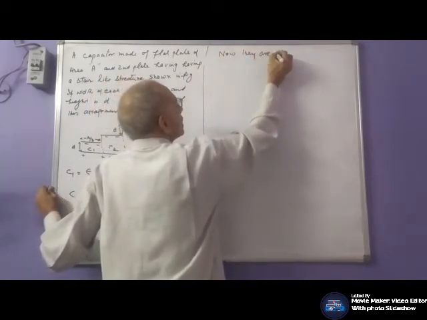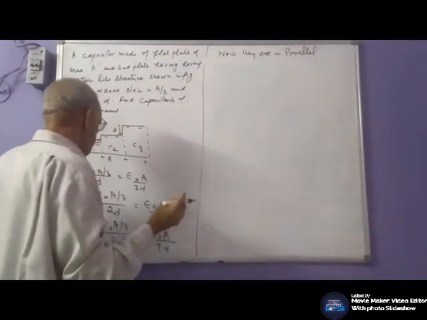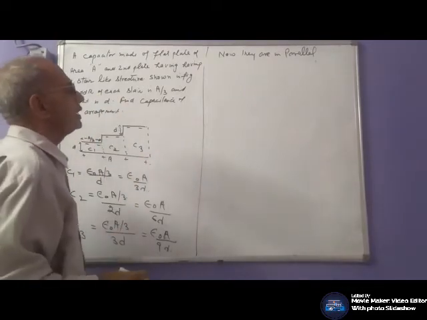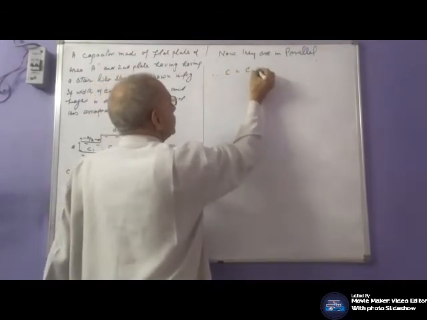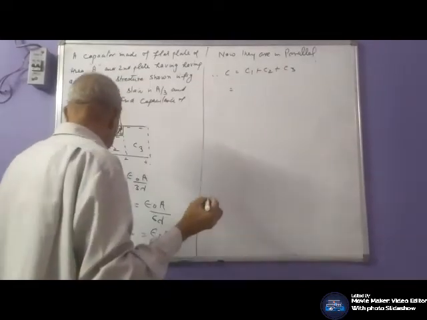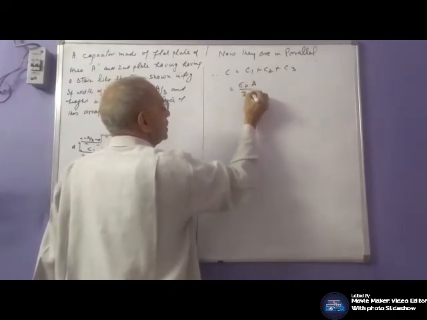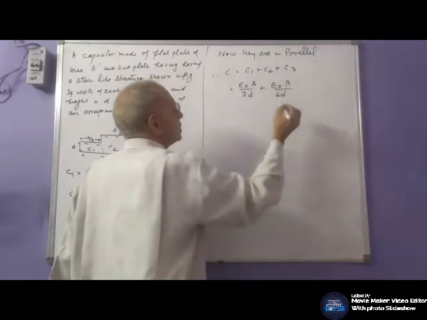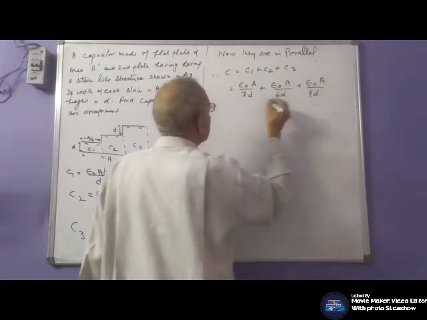Now, they are in parallel. Why in parallel? Negative of each connected with negative, positive of each connected with positive. Therefore, equivalent capacitance C1 plus C2 plus C3. C1, epsilon naught A by 3D, epsilon naught A by 6D, epsilon naught A by 9D.